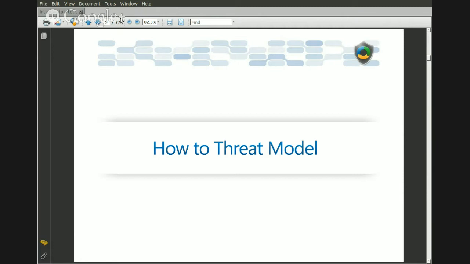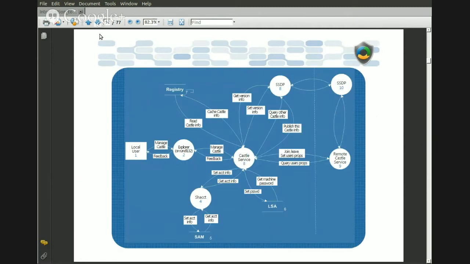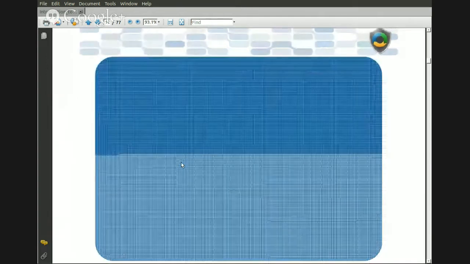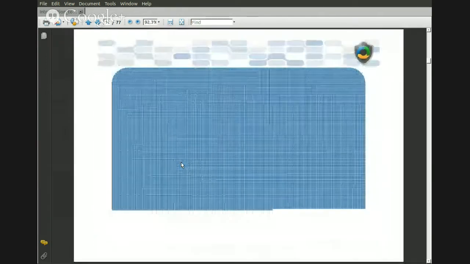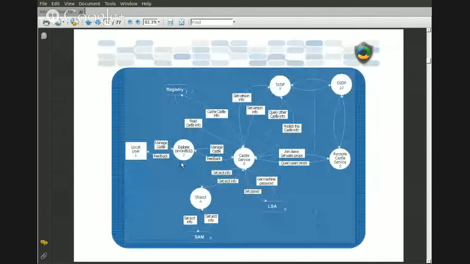All right, so we're going to jump to this section. Here it's talking about how to threat model. Let me see if I can make it a little bit bigger. Here's an example of a threat model that they've actually done, already captured in the presentation. You can see how they look at everything and what ties into what.